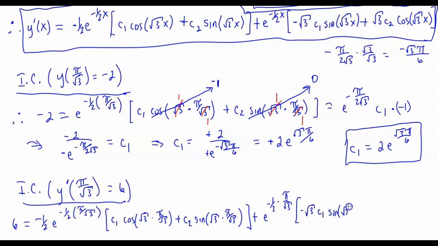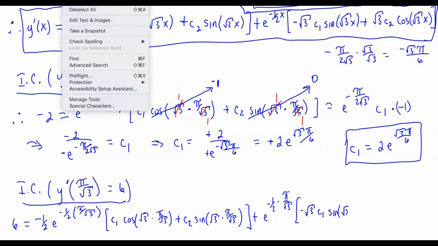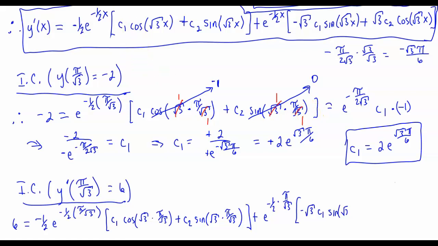Sine of square root of, that didn't turn out too hot. One more time. Yep. All right, so this will be square root of 3 times pi over square root of 3.